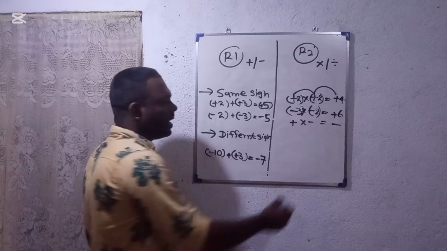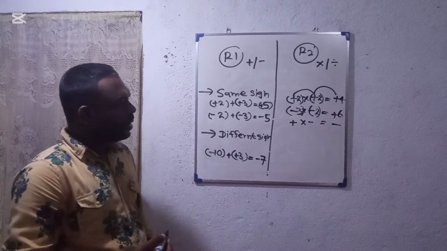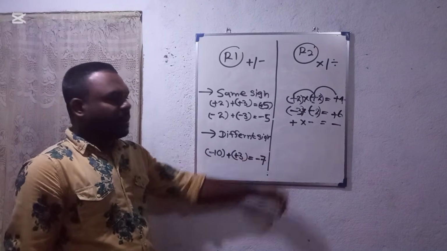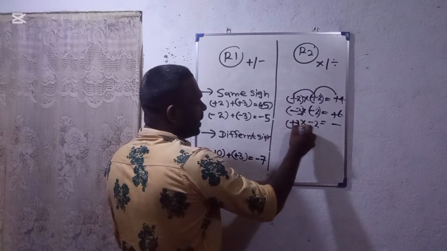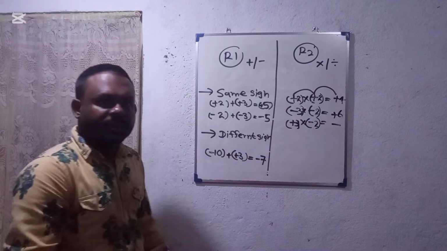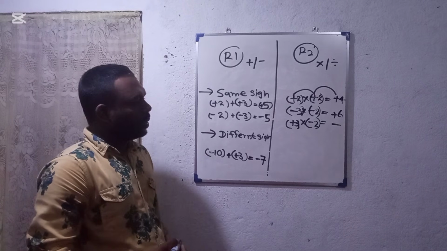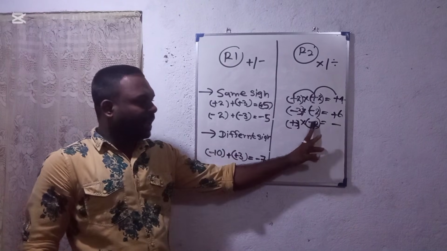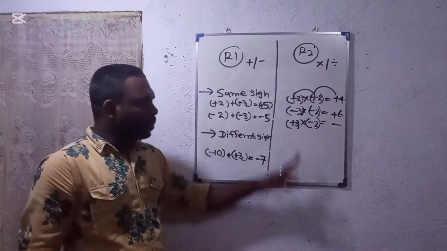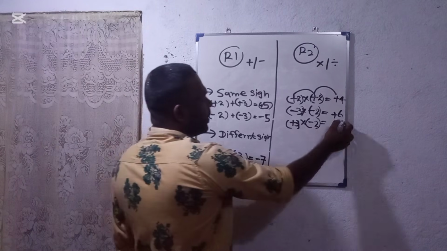Likewise, we can get the output. Then we'll move to this one: plus 3 times minus 2. What is the sign output? Plus times minus is minus, minus times plus is minus. So 2 times 3 is 6, minus 6.